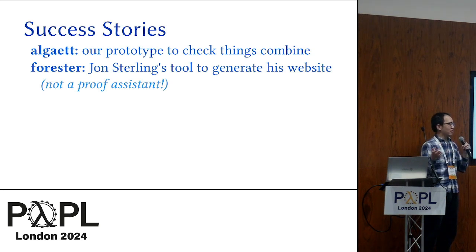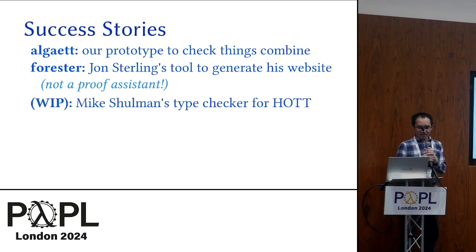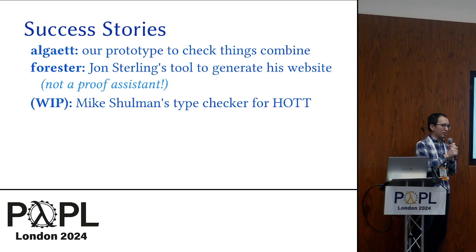What can be better than your own tool, right? The point is that it's not a proof assistant. We created it for proof assistants, and we insisted that it should work for emojis, but it turns out to be also useful for other things. And then there is a work-in-progress type checker by Max Schulman on HOTT. This is not public yet, but it's public that he's working on this non-public project.